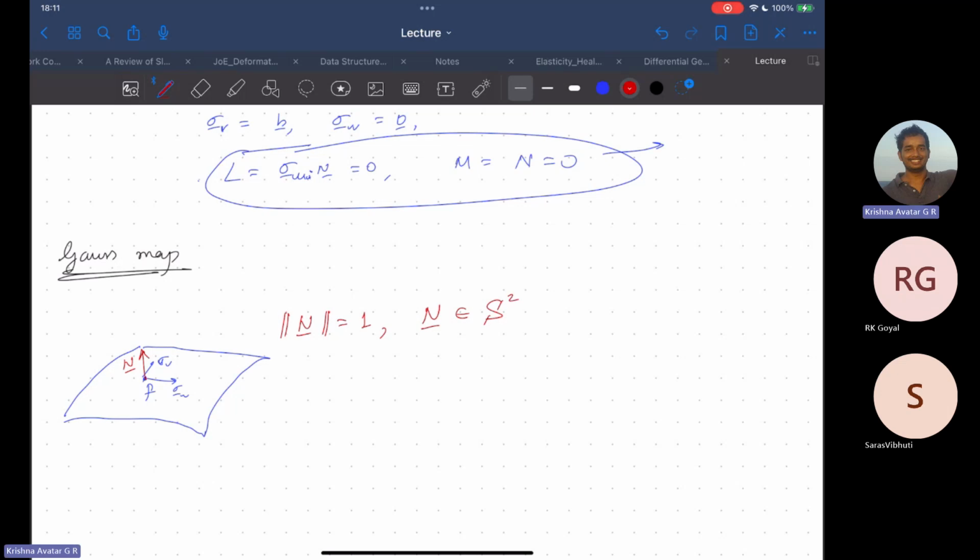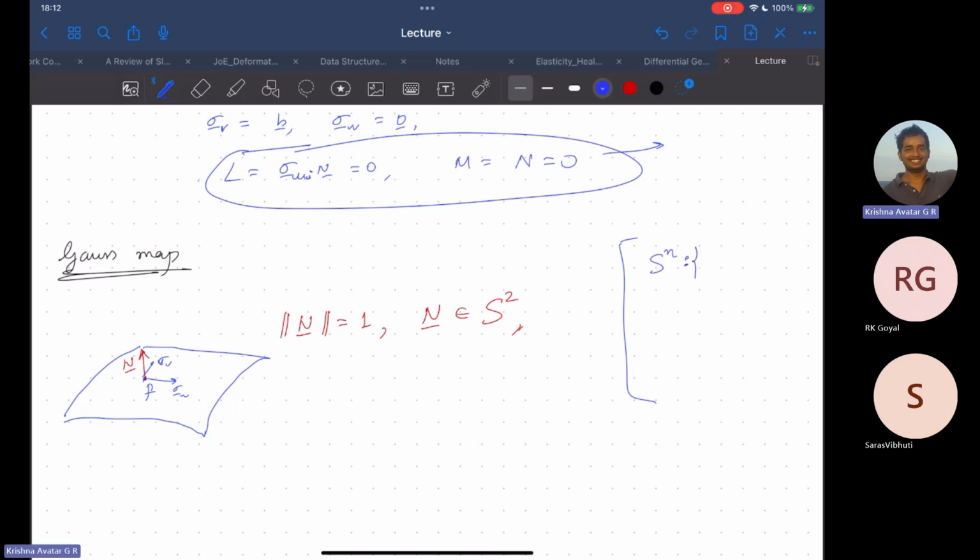Now I'll ask, what is this S2? In a general sense, a slight digression again. We define a space Sn.